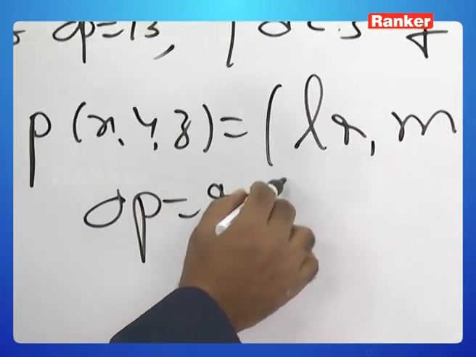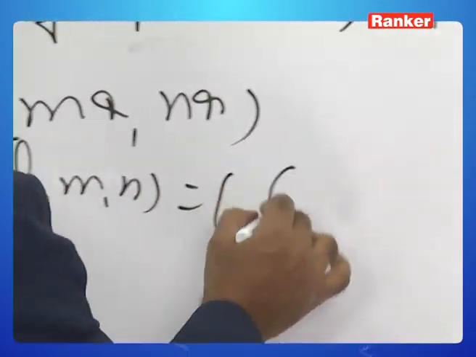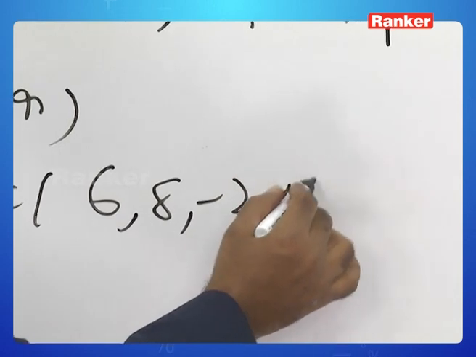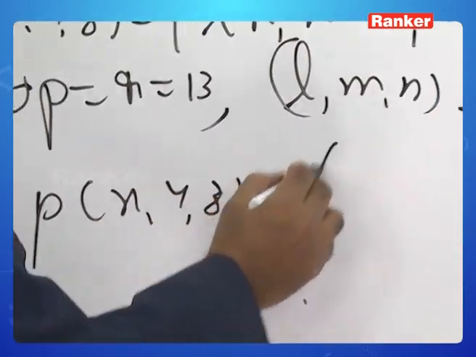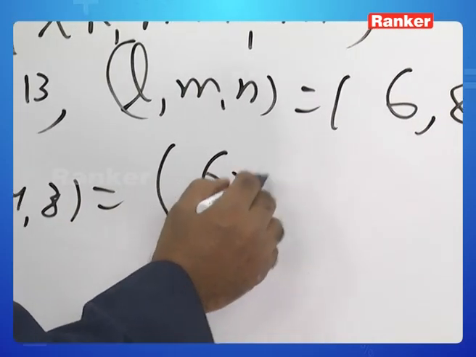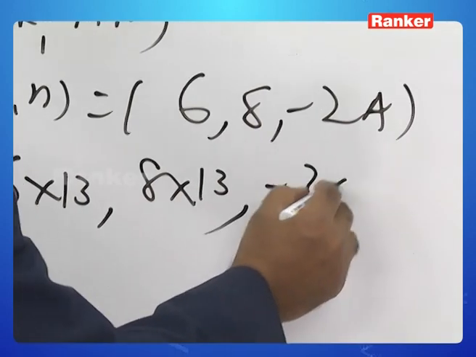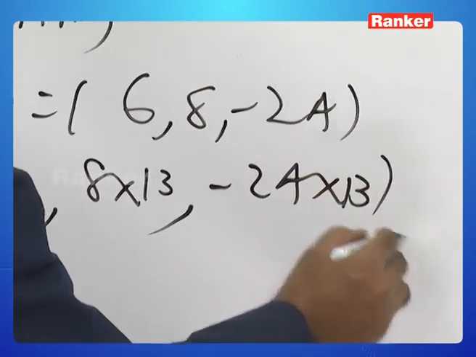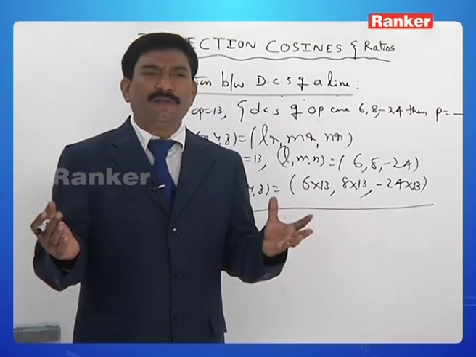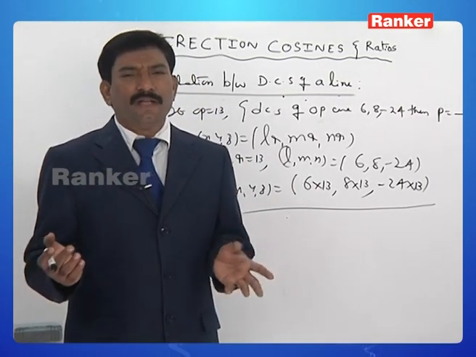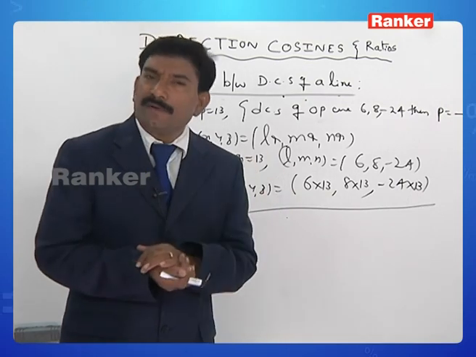OP is equal to r is equal to 13 and l, m, n is equal to 6, 8, minus 24. Just substitute: P of x, y, z is l r, 6 into 13, next 8 into 13, next minus 24 into 13. This is how you can find out when DCs of a line are given and the length of the line segment is also given, you can express in this form.